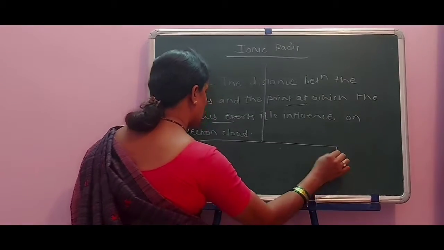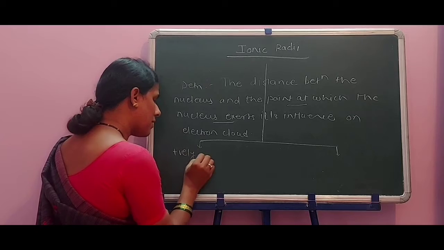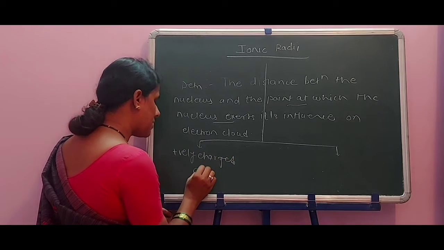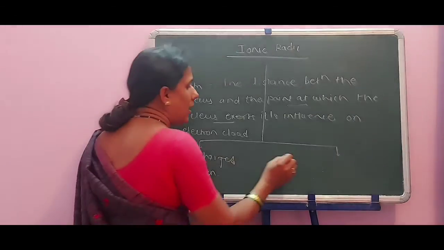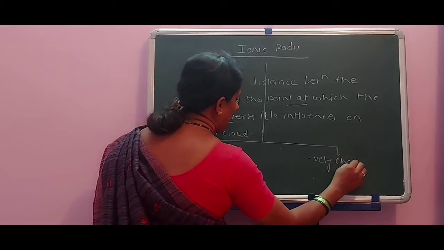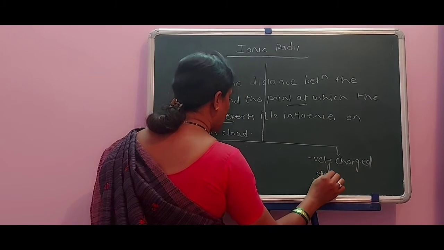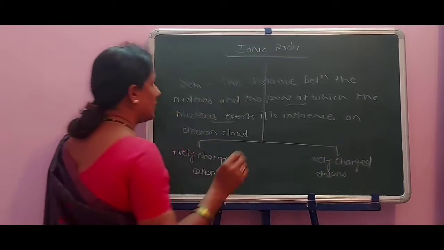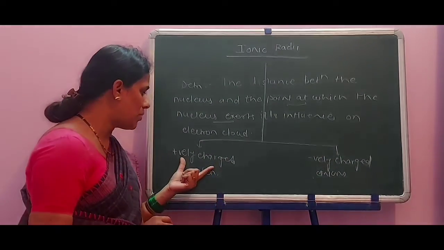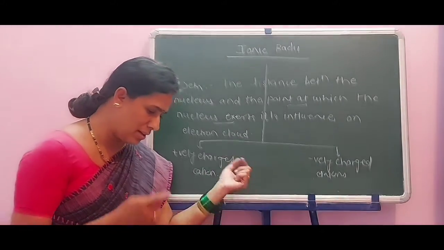First is positively charged cations and second is negatively charged anions. Ionic radii are formed by positively charged cations and negatively charged anions.